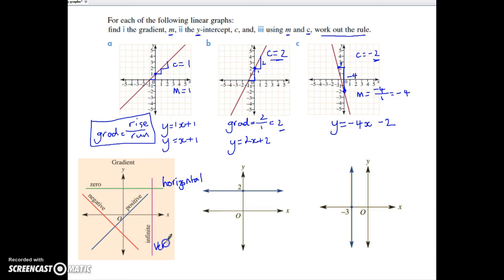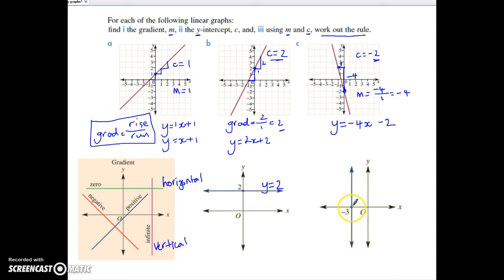Any line that is vertical has an infinite gradient. To get the equation of these lines, you can see here that this line on the y-axis, our value was 2. It doesn't matter what's going on with the x, the y value is always 2. So that's just the equation. Anytime you've got a horizontal line, you've just got a y equals equation.